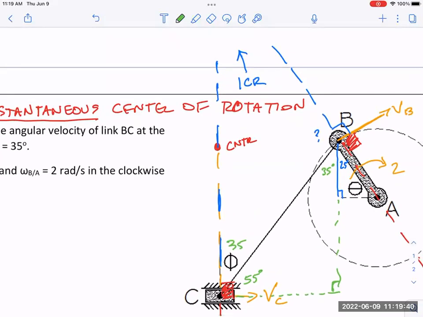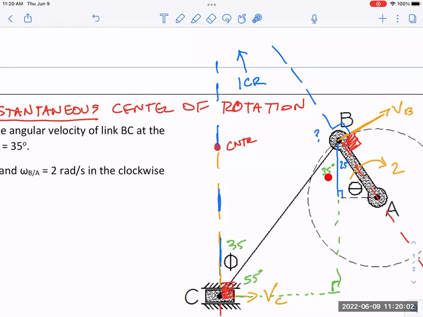Answer is yes. Can you see it though? You got 65 right there. That's a straight line, right? And we basically broke it into three angles. If that's a straight line, then it's 180 degrees, right?